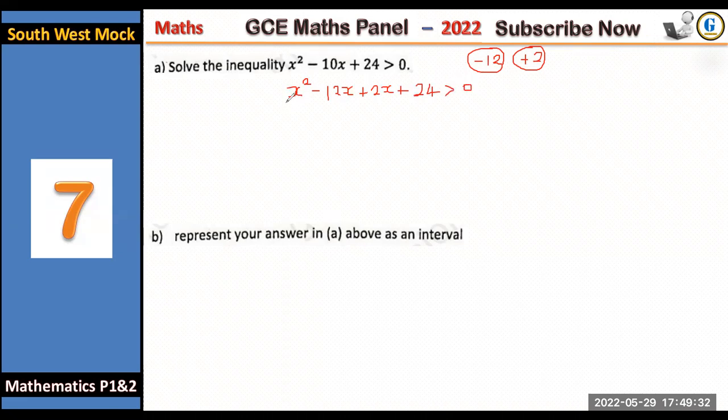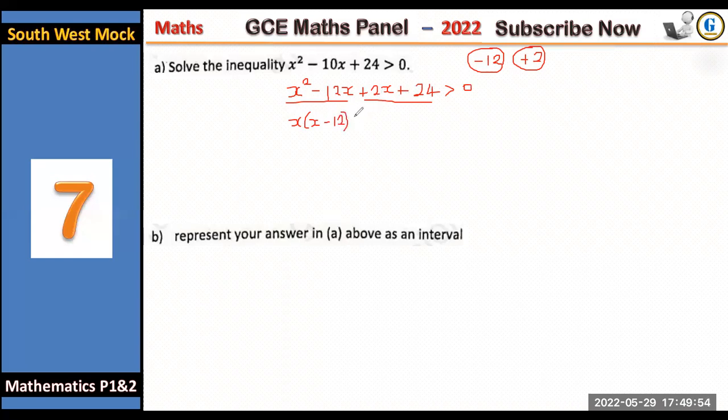We group them now. For the first group, we have x, which is common. You factor it out, x into minus 12x divided by x is minus 12. We close the bracket.